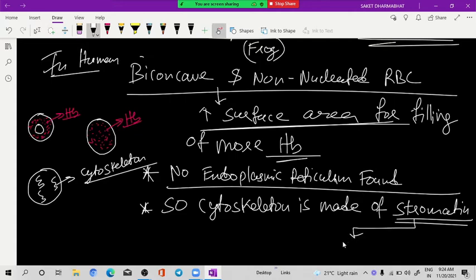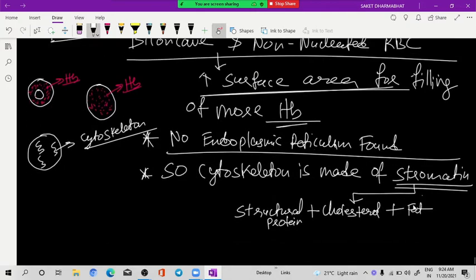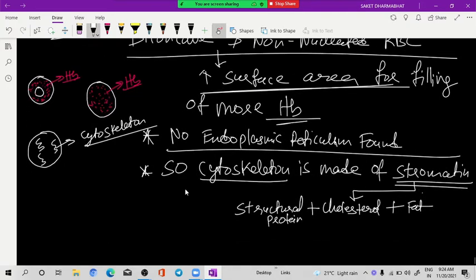Stromatin is actually formed by three things: structural protein, cholesterol and fat. These are the three things which are forming what? Stromatin. So stromatin acts as what? Cytoskeleton, meaning the skeleton inside the cell, and provides the shape to the RBC.